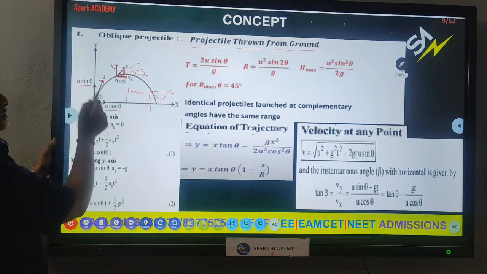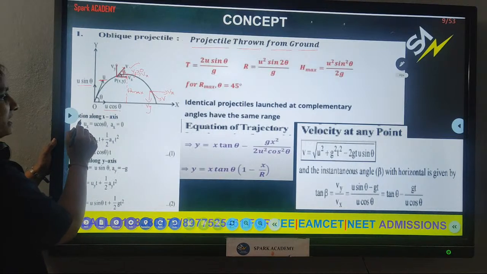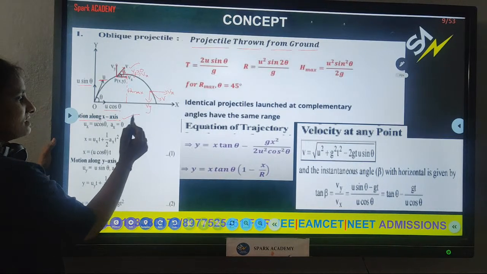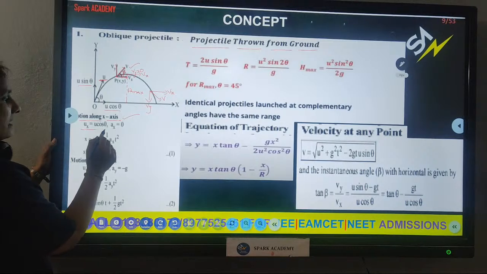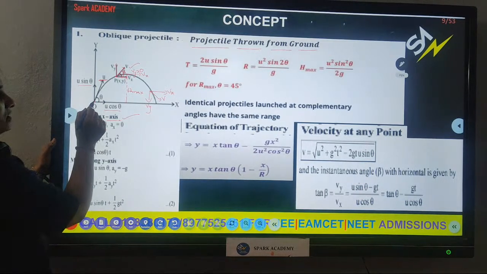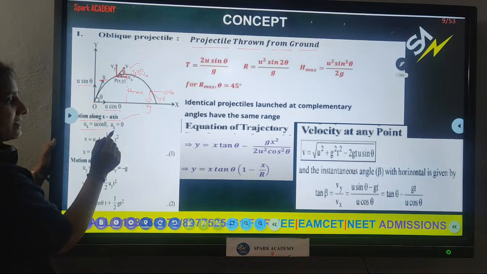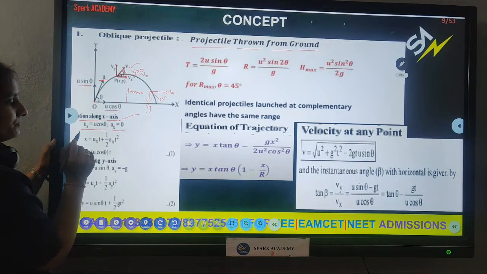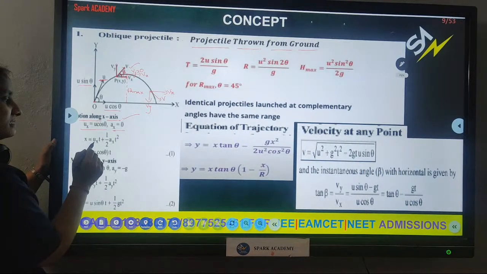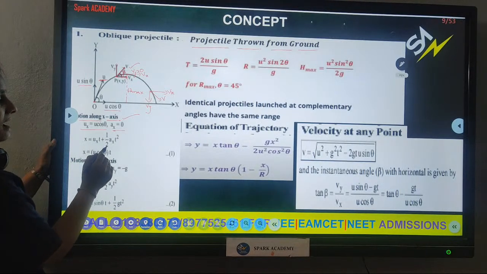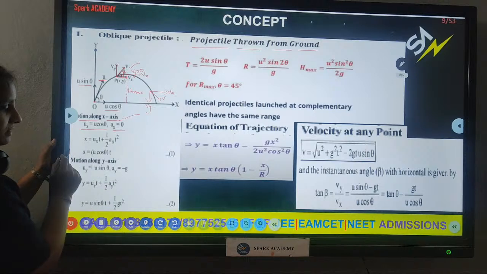So as it is resolving into its components, we need to describe the motion along x-axis. We know that along x direction, at the point of projection, ux is equal to u cos theta, acceleration is 0, and displacement is ux into t plus half ax into t square.